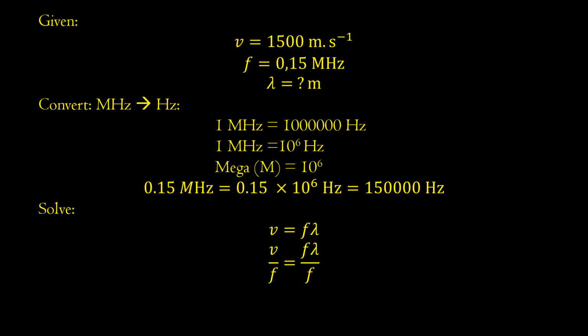On the right hand side you can see that f divided by f is just 1, meaning you will only be left with lambda, but on the left hand side you will still have your speed v divided by f. I hope that is clear.